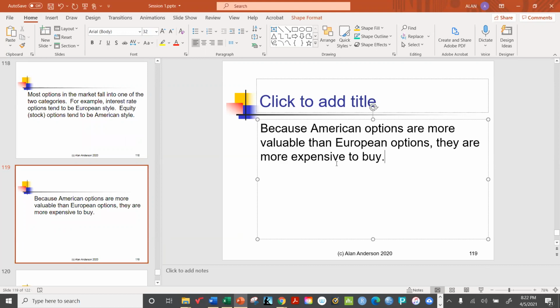Okay, so in other words, one thing that distinguishes the two types of options is the expense. As we'll see in a minute, we know that we have to buy an option. So American options are more powerful and more valuable, which means that they're more expensive. So that's the trade-off.